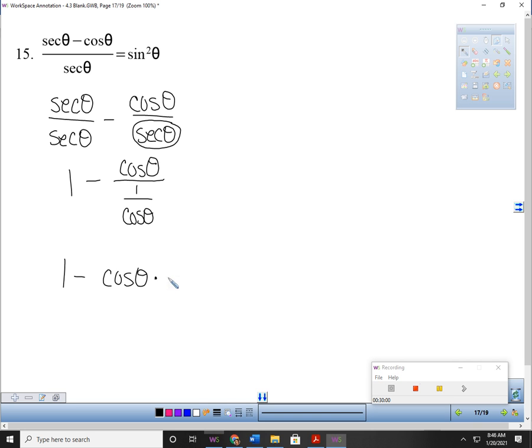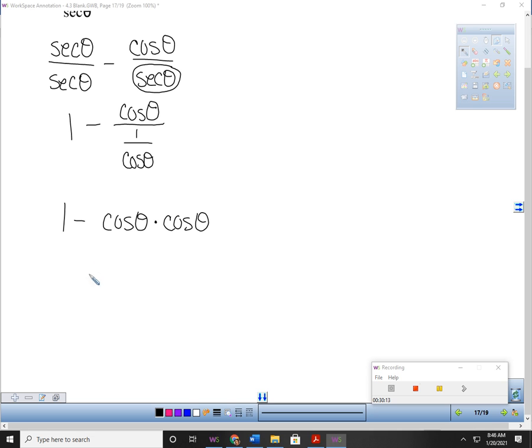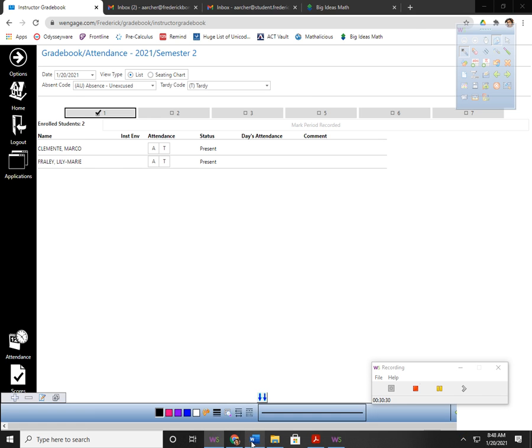So I'm going to multiply by cosine theta over 1, which is just cosine, right? So I'm literally just flipping this bottom fraction. And when I take cosine theta times cosine theta, what does that give me? Okay, a cosine squared theta, right? Now, look at your Pythagorean identities because now you've got a 1 and a squared term. Oops, wrong thing.